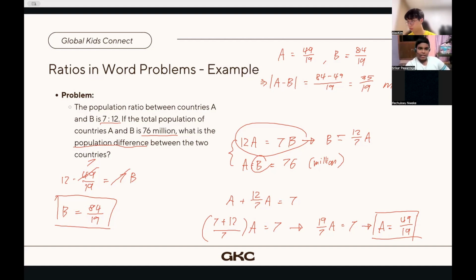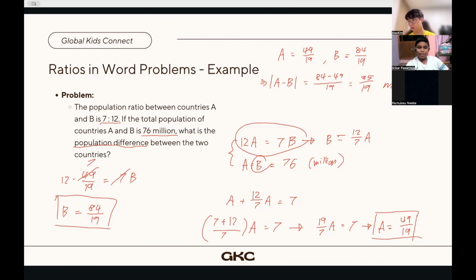If we take the ratio, because the ratio is always equal to A to B, it's just a division as a fraction, as you're told. So you can multiply both the numerator and denominator with a common x, because we don't know what the x is. If we take A equal to 7x and B equal to 12x, they asked for the difference between them, but they also told us the sum of it is 76 million.